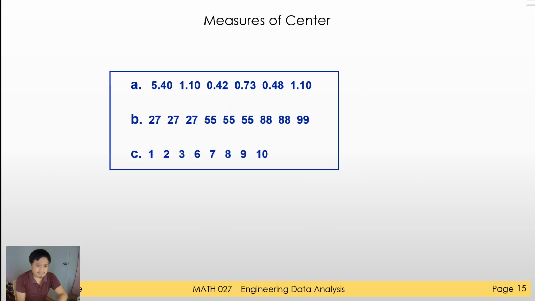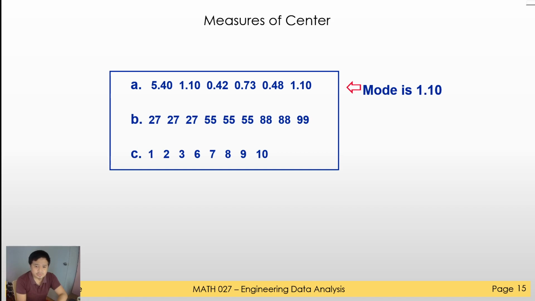Let's have an example of the mode of the data set. For letter A, what is the mode of this data set? There's only one data that repeated, so the mode here is 1.10. It is unimodal since it only has one mode. For letter B, 27 repeated 3 times and 55 repeated 3 times.